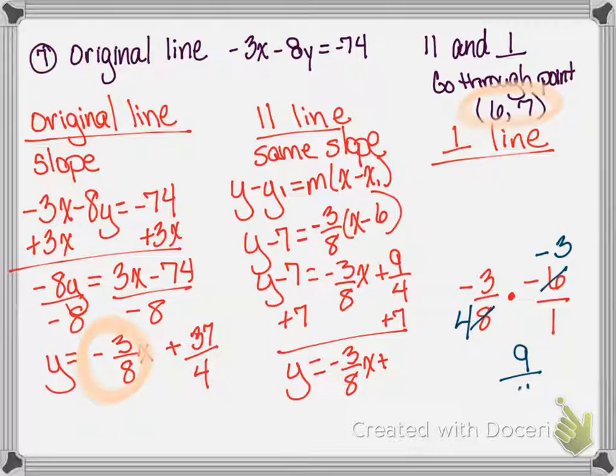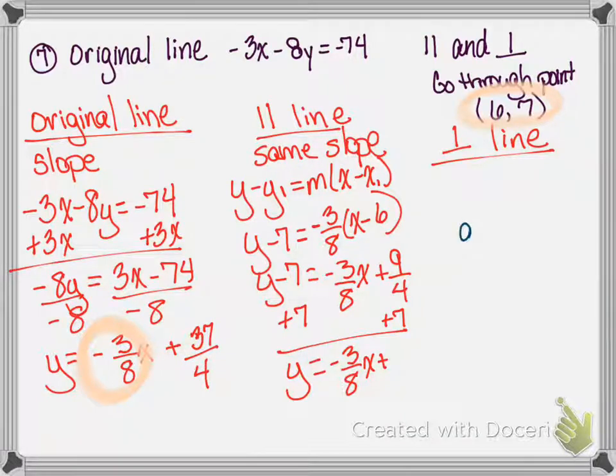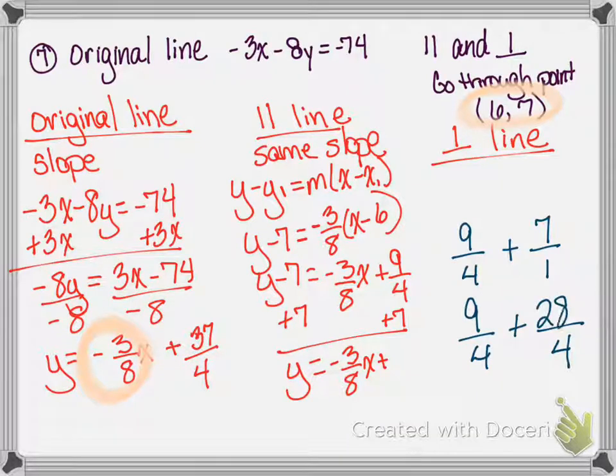I'm going to do that over here too, just so we can see what's happening. I have 9 over 4 plus 7 over 1. I take my 9 over 4 and I add it to 28 over 4, because 1 goes into 4 four times, and 4 times 7 is 28. 9 plus 28 is 37, and I'm left with 37 over 4.